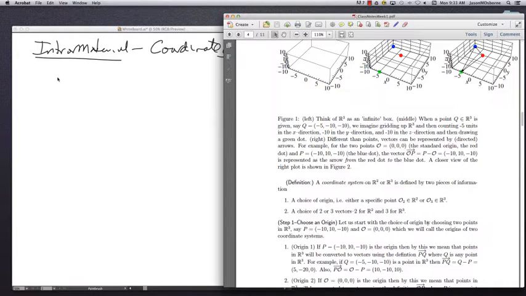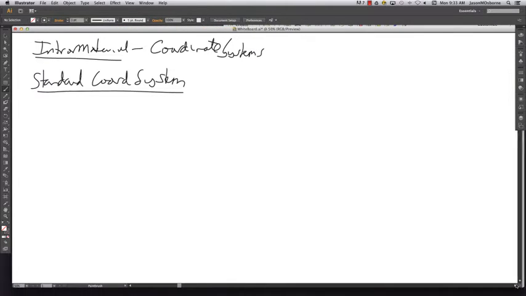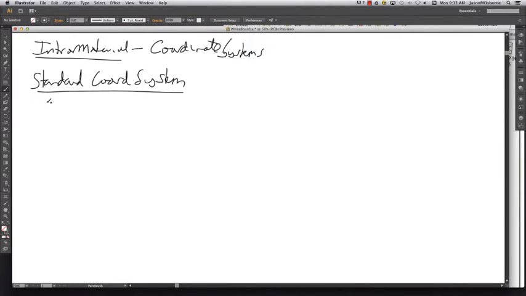So the easiest thing to do is to start with what's called the standard coordinate system. Okay, this is probably the one you've known and loved without having really talked about it. So let's just, for simplicity and drawing pictures, look at the standard coordinate system on R2.